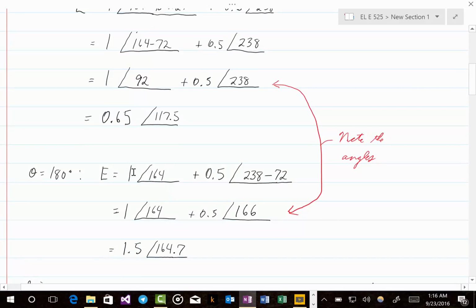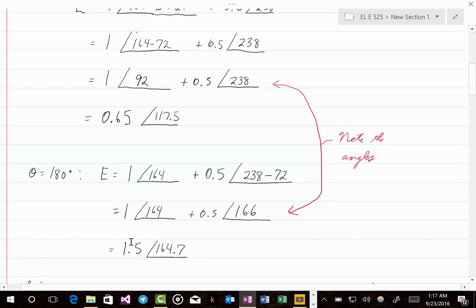So this ends up being 1 at an angle of 164 degrees, plus when we say 238 minus 72, we get 166 degrees. So this is 1 at an angle of 164 plus 0.5 at an angle of 166. And this will give us a total, a final answer of 1.5 at an angle of 164.7 degrees.